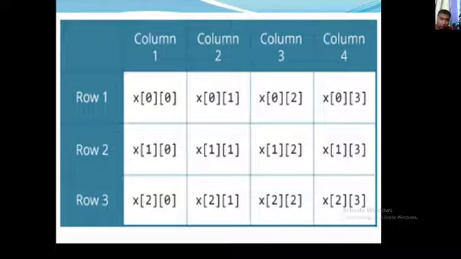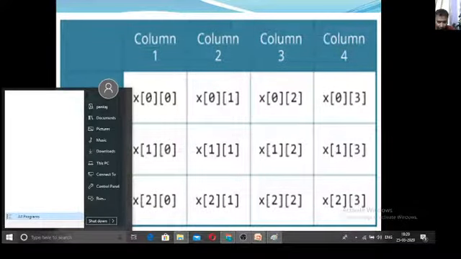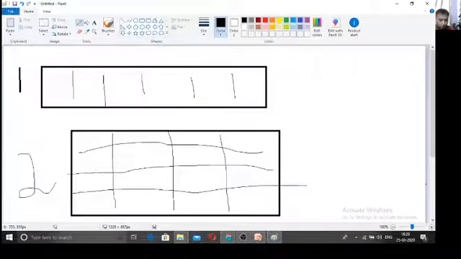Now, if you have noticed one thing, in a one-dimensional array, the first element is given by 0 index, the second one is given by 1, the third one is 2.